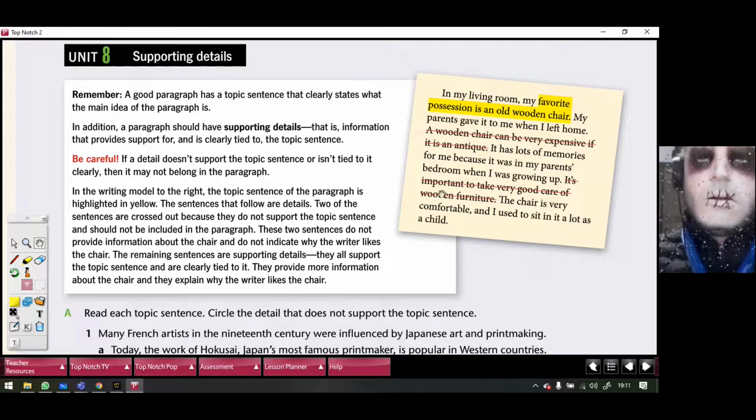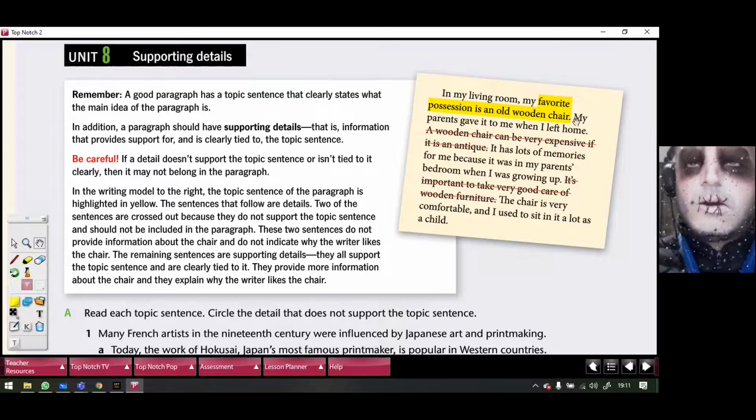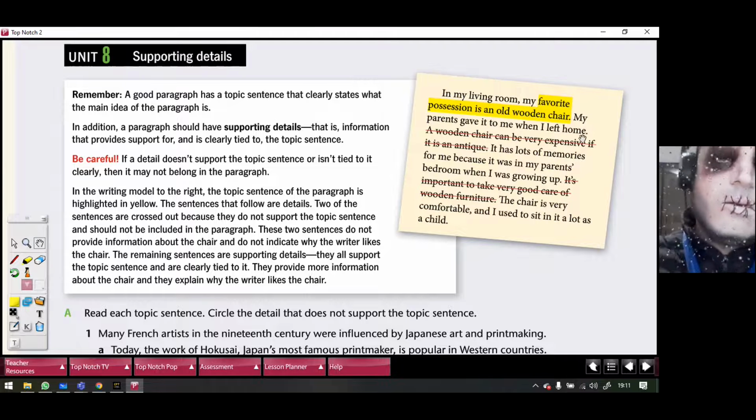Example: a wooden chair can be very expensive if it's an antique. This is true, but it's not connected to what your heart says for the wooden chair, right? So my parents gave it to me when I left home. Okay, it's connected. In the writing model to the right, the topic sentence from the paragraph is highlighted in yellow.